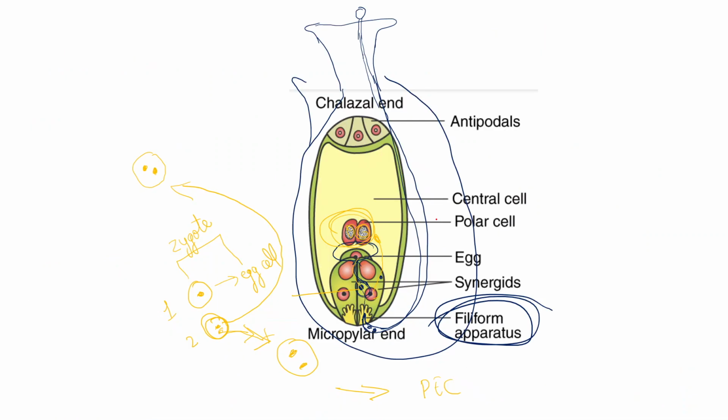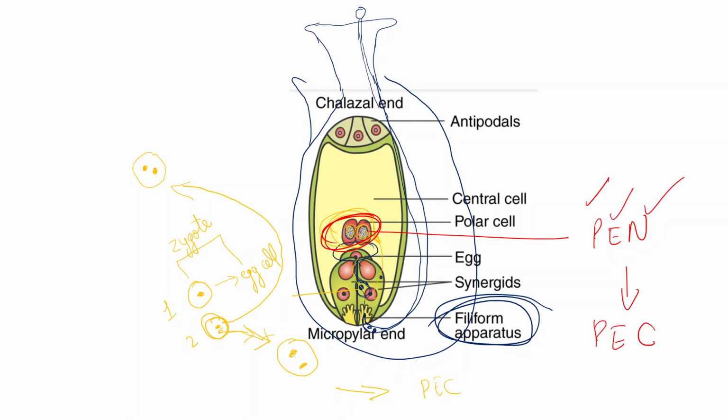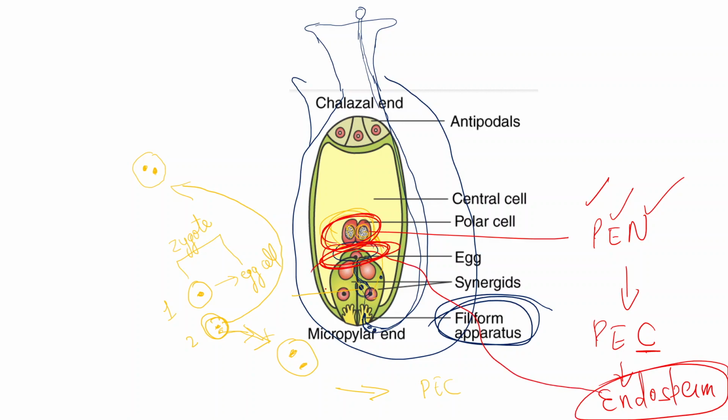So this is called double fertilization. This central cell forms the PEN first, then the primary endosperm cell, and then the endosperm. And this endosperm will help with the development of the zygote.